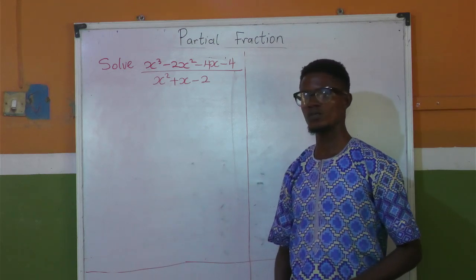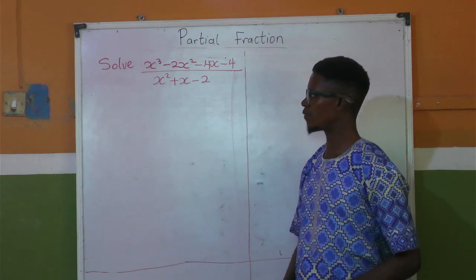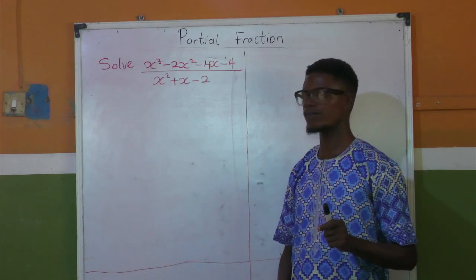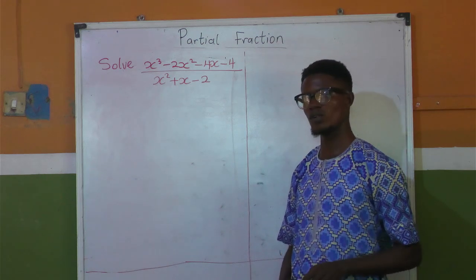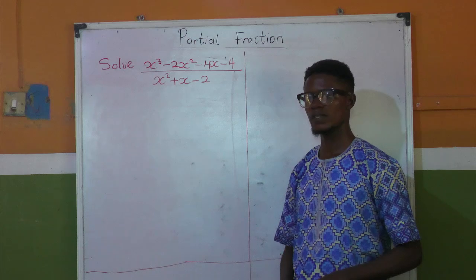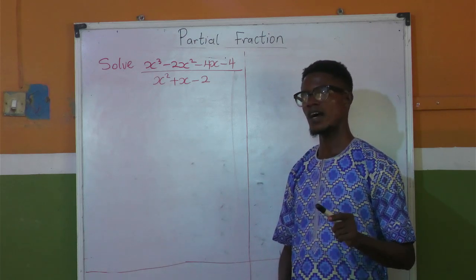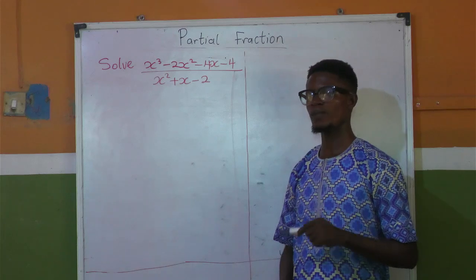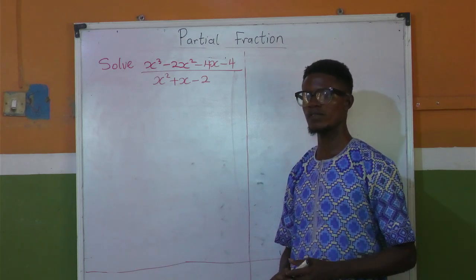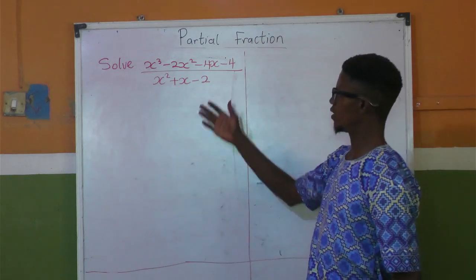Now, one of the things I want to bring to your notice again, which I mentioned in the introductory video to partial fractions, is that the degree of your numerator should always be lesser than the degree of your denominator. In the case where the degree of your numerator is greater than the degree of your denominator, you perform a long division before you proceed to the other aspect of the partial fraction solution. And this is one of the cases I talked about.